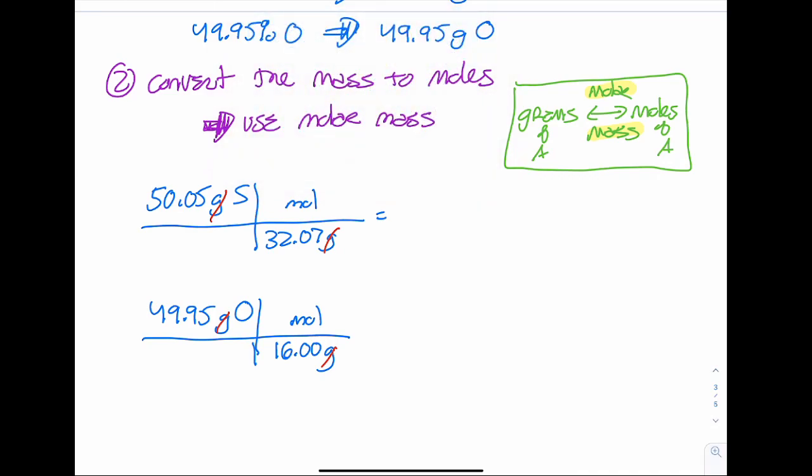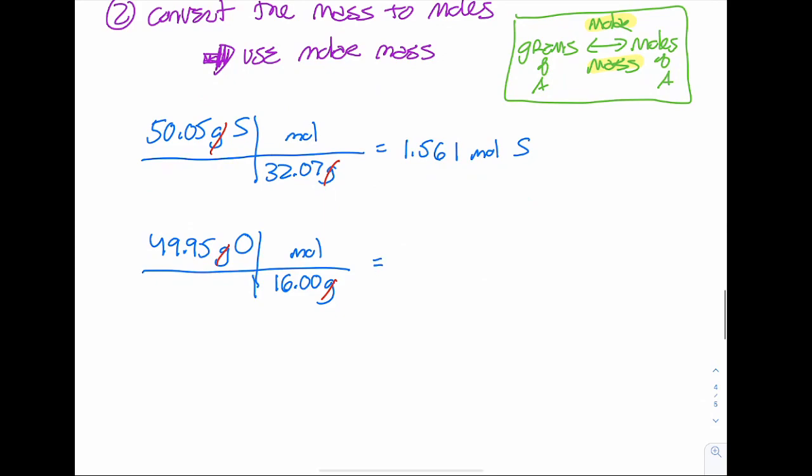So grabbing my calculator again, 50.05 divided by 32.07, I get 1.56, we need one more digit, 1 moles of sulfur. 49.95 divided by 16, 3.122 moles of oxygen.